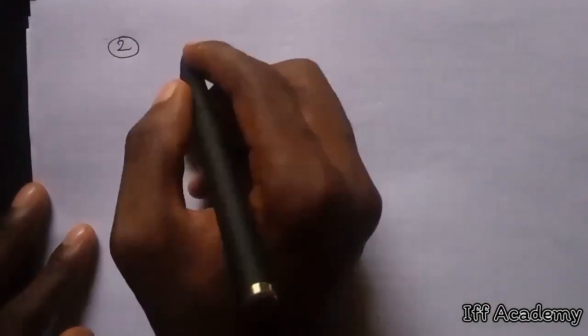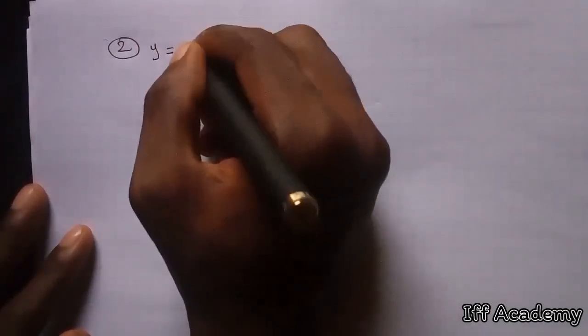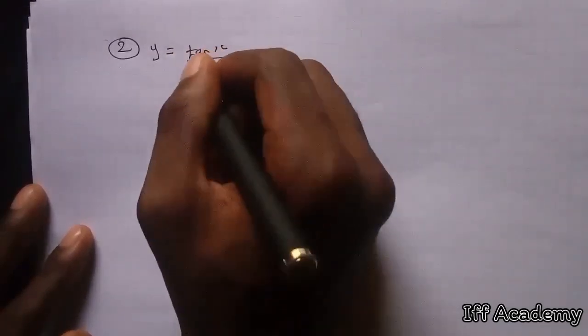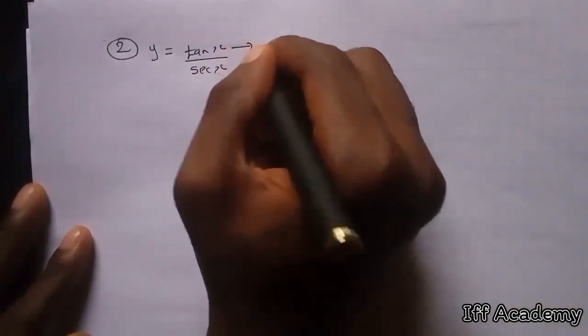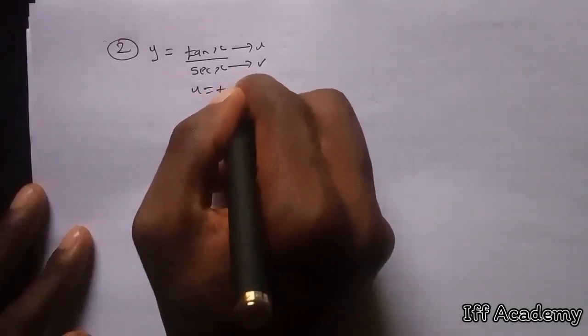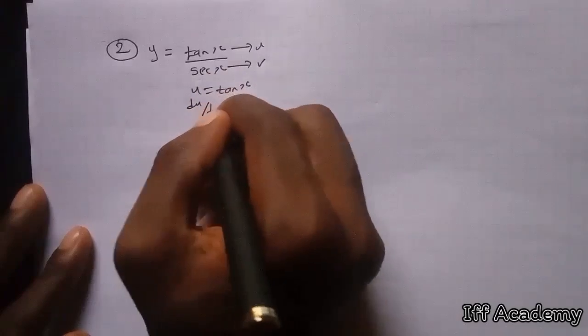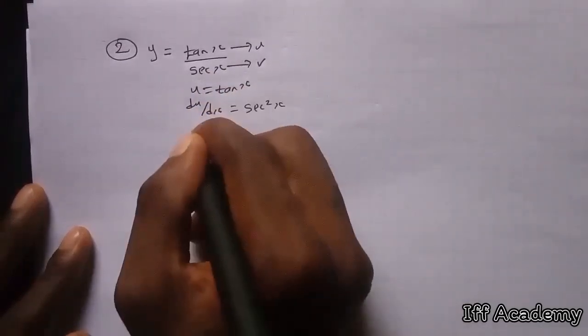So for example, question 2, if I have y equal to tan x over sec x, right? So this becomes my u and this becomes my v. So u is equal to tan x, du over dx is equal to what? Sec square x.